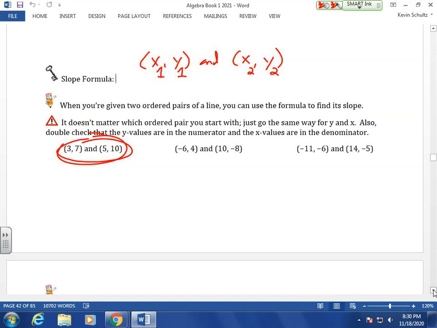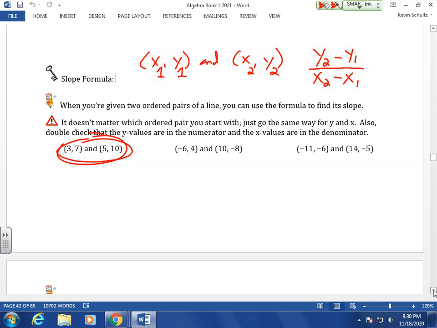Just to distinguish these. In the slope formula, to find that vertical change, we're going to be taking y2 minus y1 over x2 minus x1. Because remember, that numerator of slope is that vertical change.